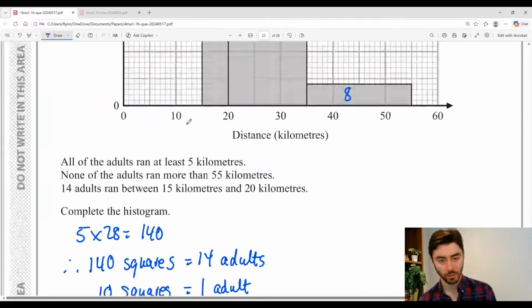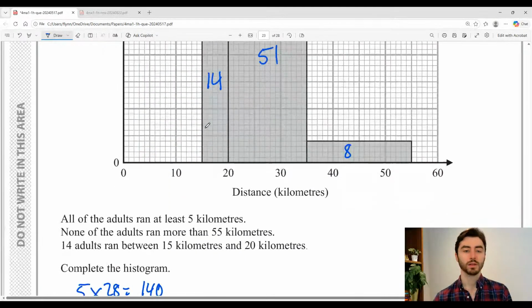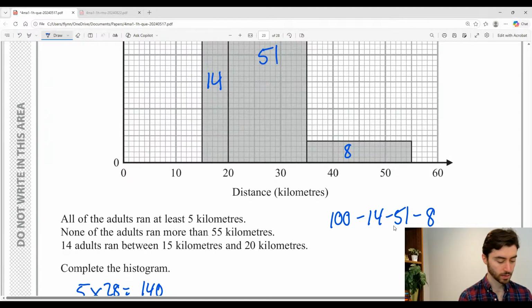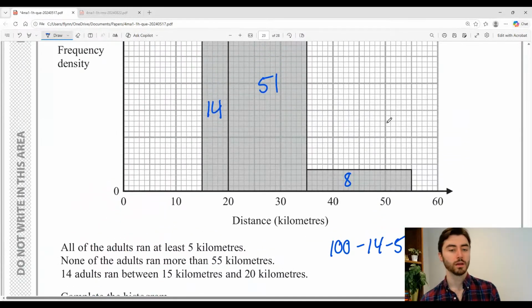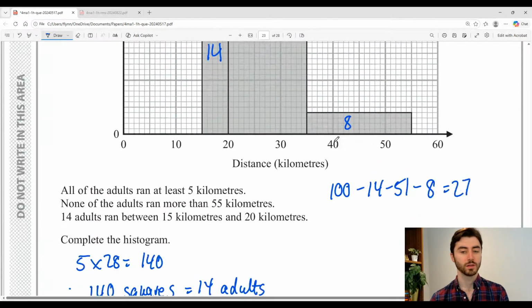And then, because I'm going to show my working, I'm going to say that 100 minus 14 minus 51 minus 8 is 27 adults left. So 27 adults in total.